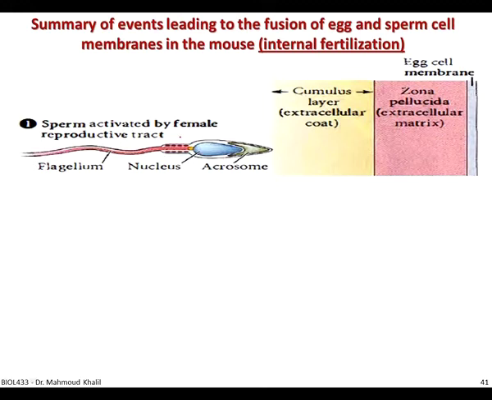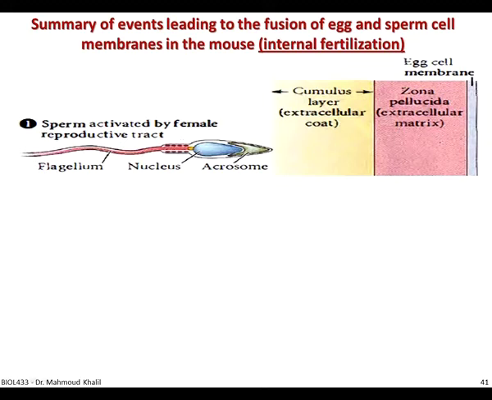Once it's moving in the fallopian tube, it gets activated by secretion from the fallopian tube. So the fallopian tube doesn't represent just a tube for moving the sperm until reaching the ovum. It represents a way to activate the sperm to reach the ovum.